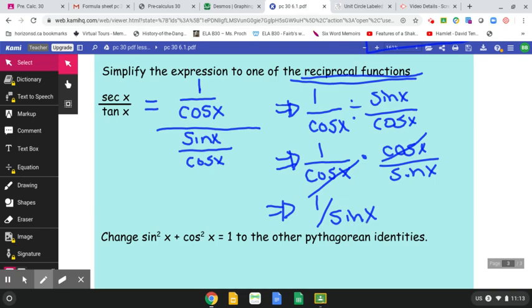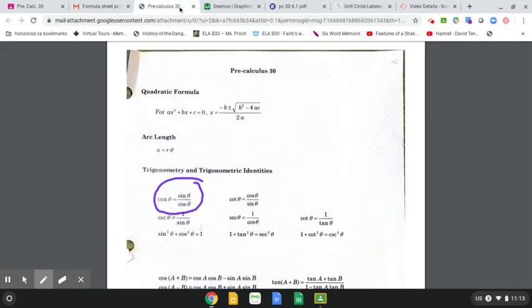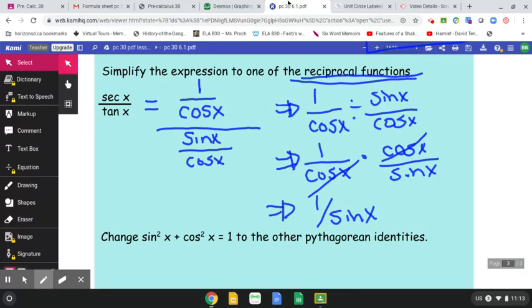And what's 1 over sine x? Which reciprocal property is that? 1 over sine. It's right there. Cosecant. Woohoo! So equals cosecant x, which is one of our reciprocal functions. Yay! All right, perfect.